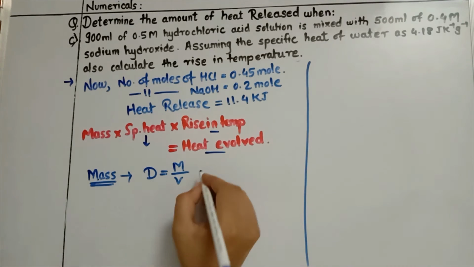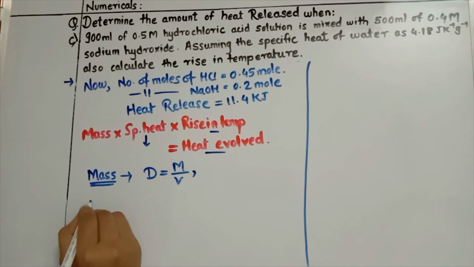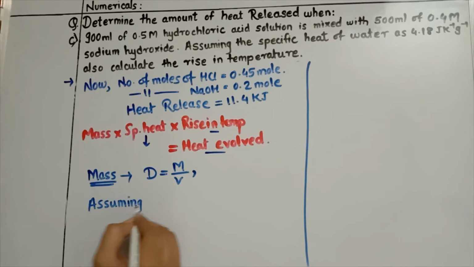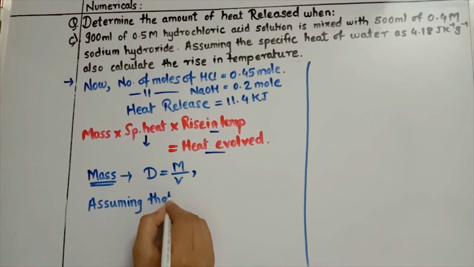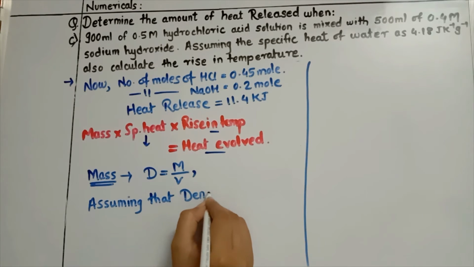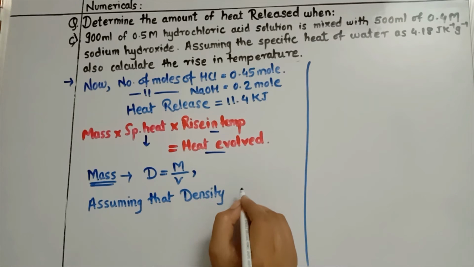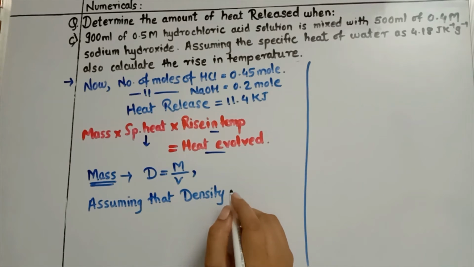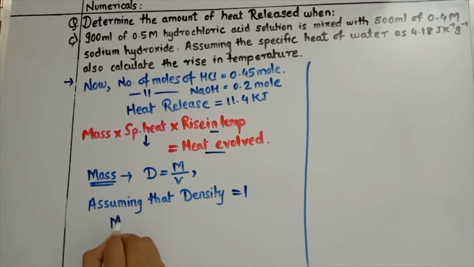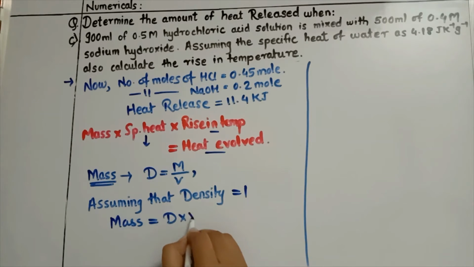Okay. Here, assuming that density is equal to 1. Okay. So now mass is equal to density into volume. Is it clear?